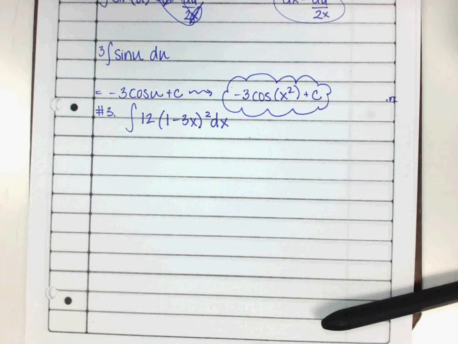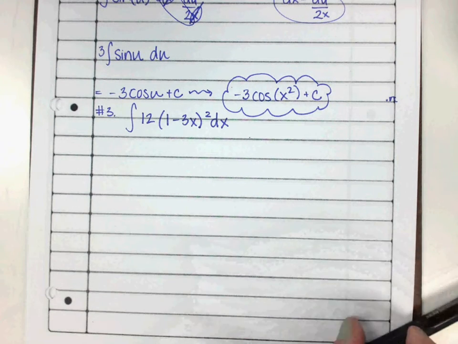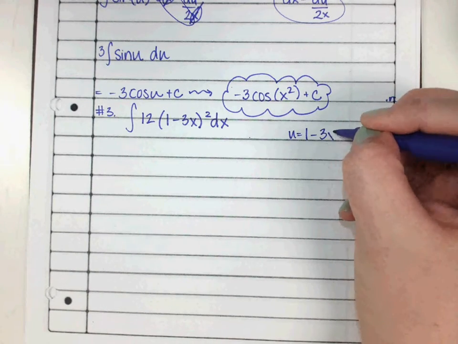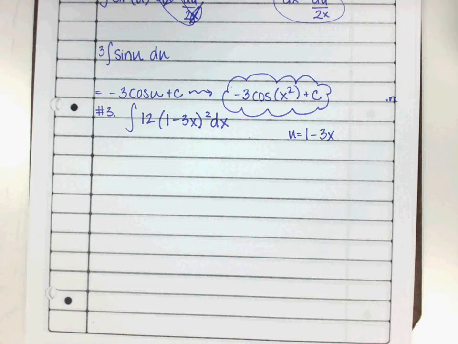So I don't have any trig here, but this is my middle, right here. So for my u, I'm going to pick 1 minus 3x. Everybody good with that? You don't take the squared because that's what your u is inside. It has to be inside another function. So I don't want to take the squared because that's my outside function.